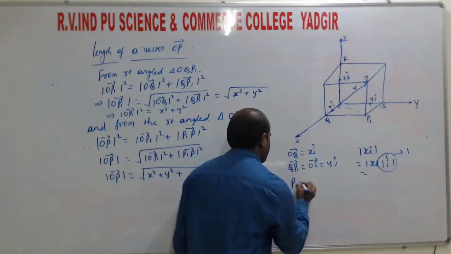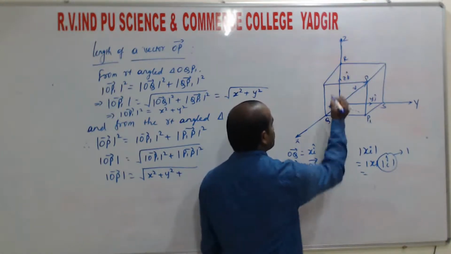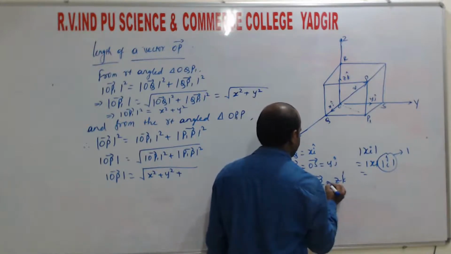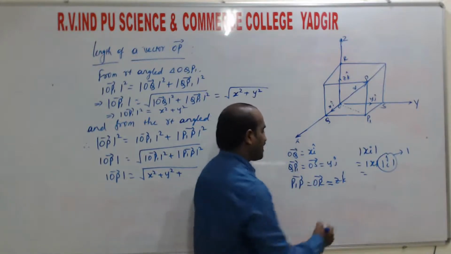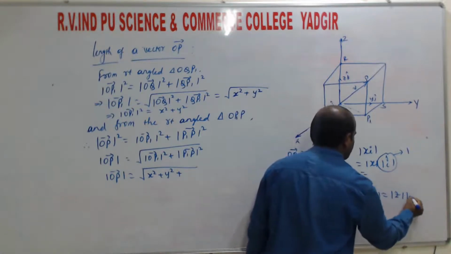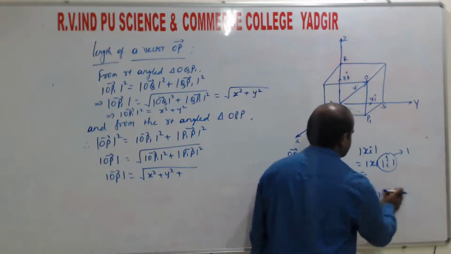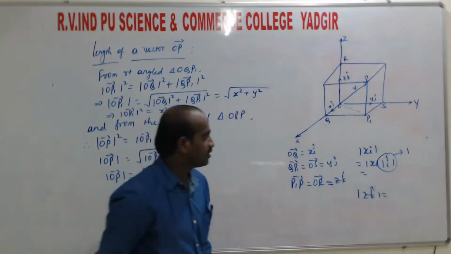P1P vector is equal to OR vector is equal to zk cap. Magnitude of zk is magnitude of z into magnitude of k cap. Magnitude of k cap is 1. Magnitude of z square is z square.